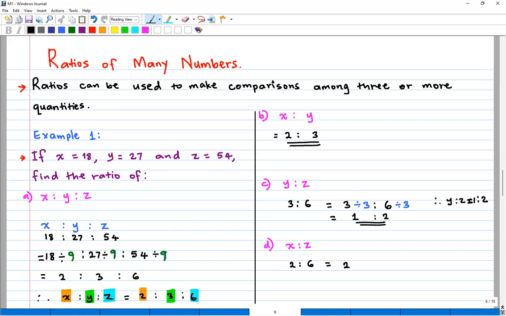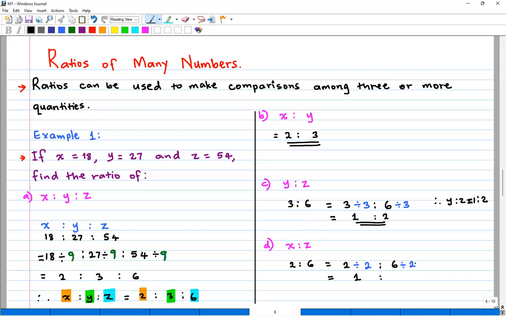Now we need to get 2 divided by 2 to 6 divided by 2. 2 divided by 2, we get 1.